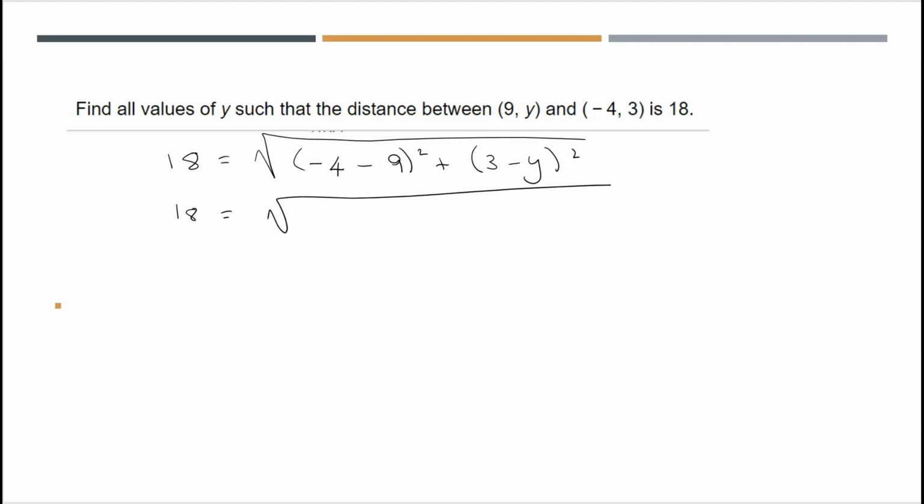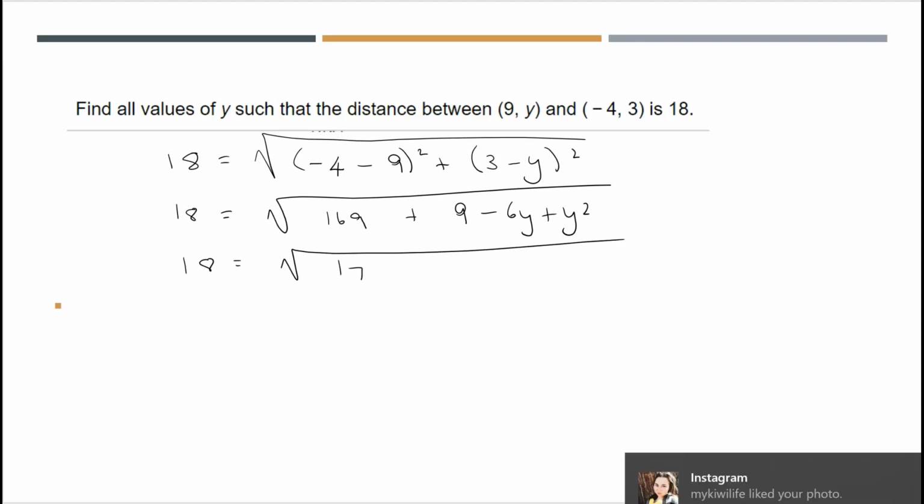-4 minus 9 is -13. -13 squared is 169. Plus 9, now I'm going to expand the brackets properly, 9 minus 6y plus y squared. Tidying up a tad, so we've got 169 plus 9, that's 178, minus 6y plus y squared.